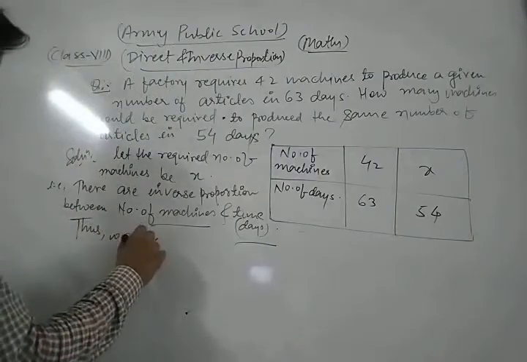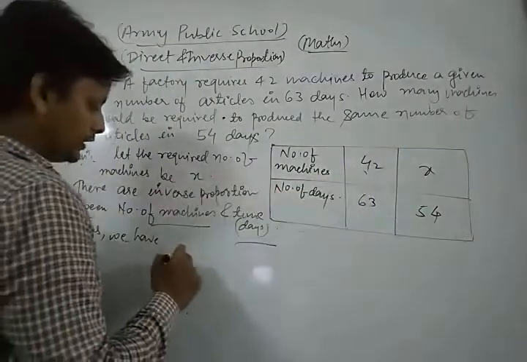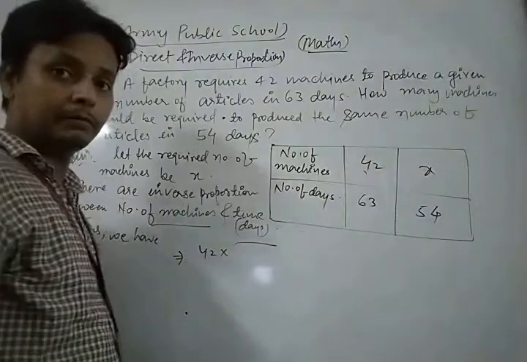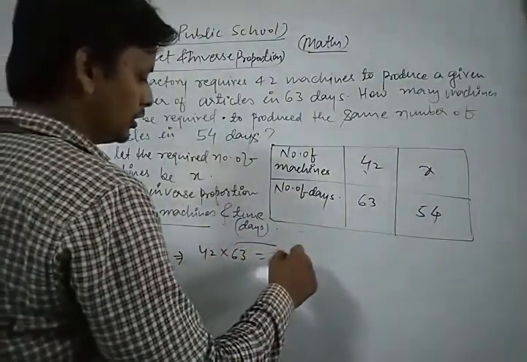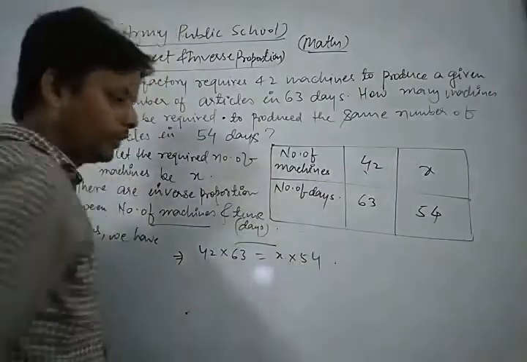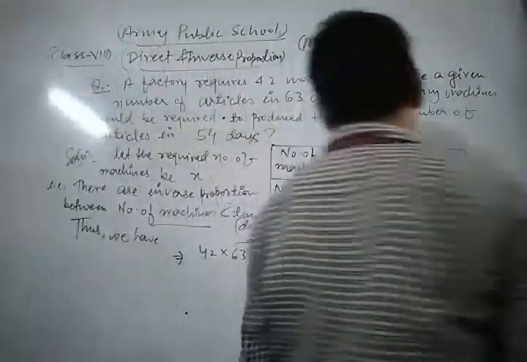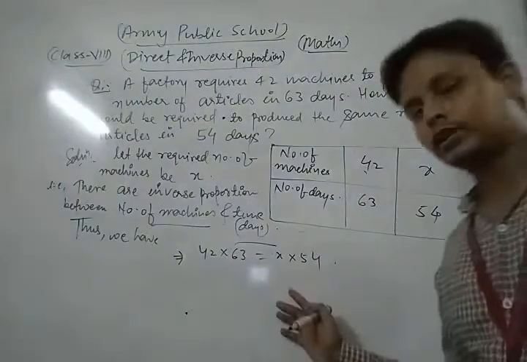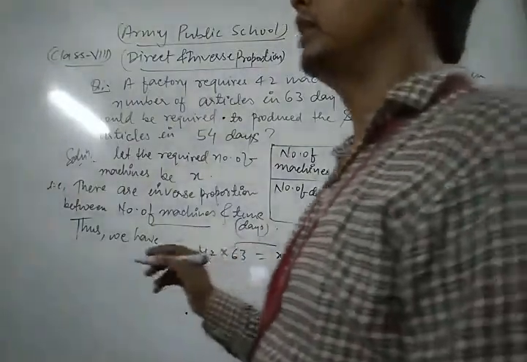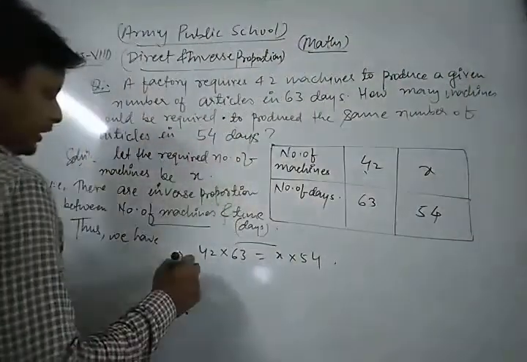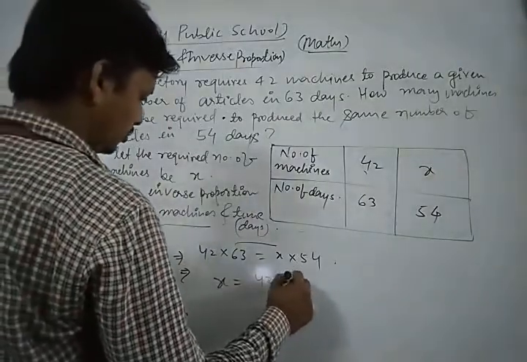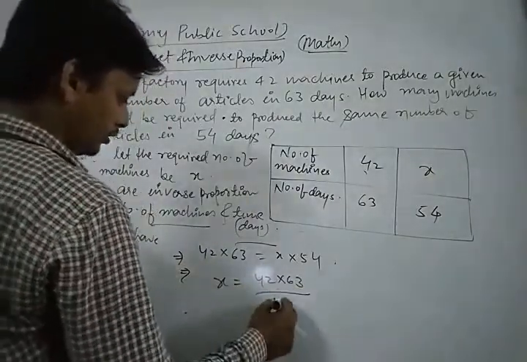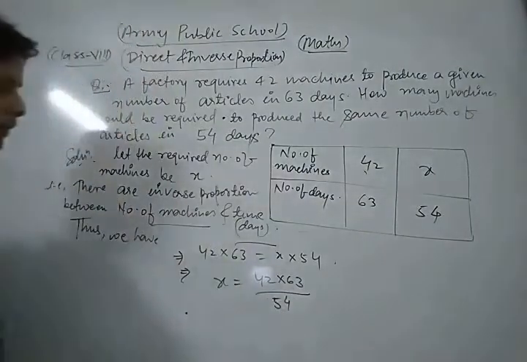Thus we have 42 into 63, we just multiply them. 42 into 63 is equal to x into 54. Now, dear students, from there we find the value of x, that means 42 into 63 upon 54.